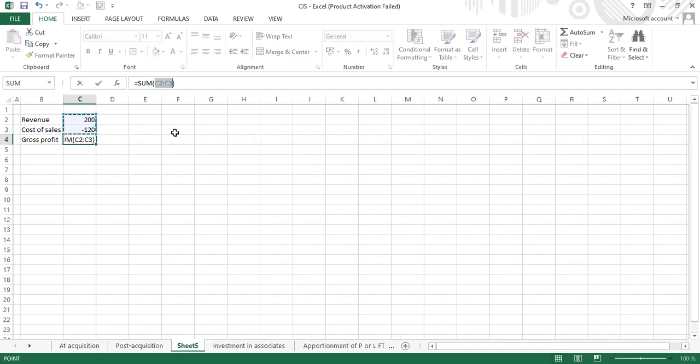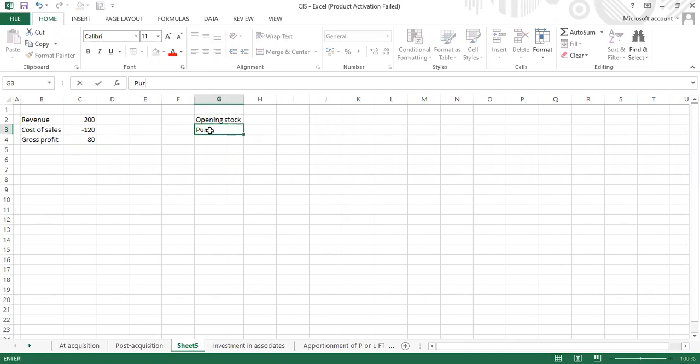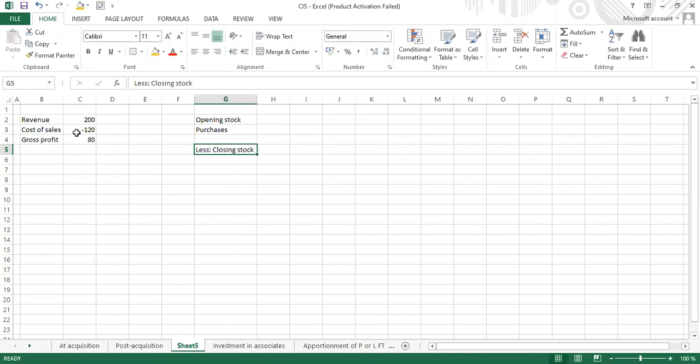That means gross profit is 80. To get this cost of sales, if you remember from elementary accounting, cost of sales is opening stock plus purchases, then less closing stock. And the cost of sales thereby is 120.